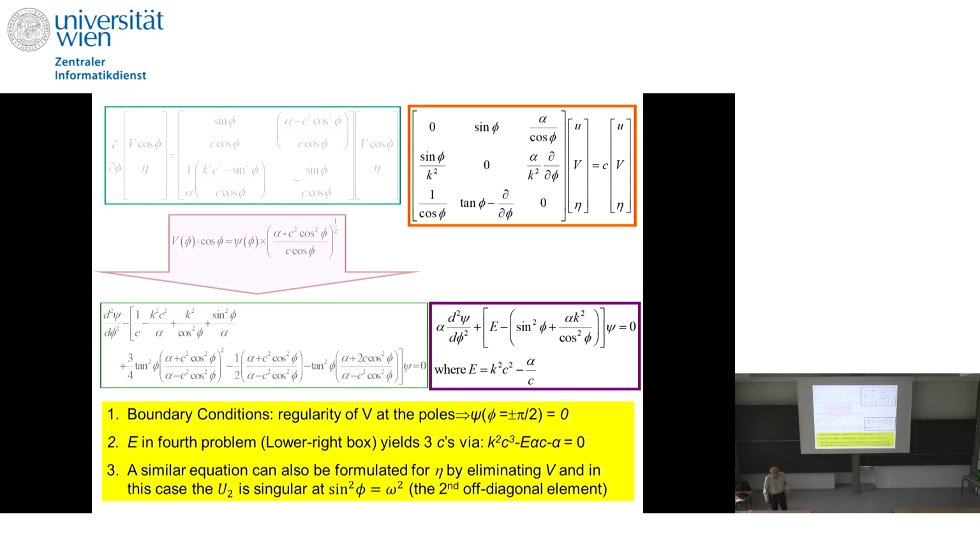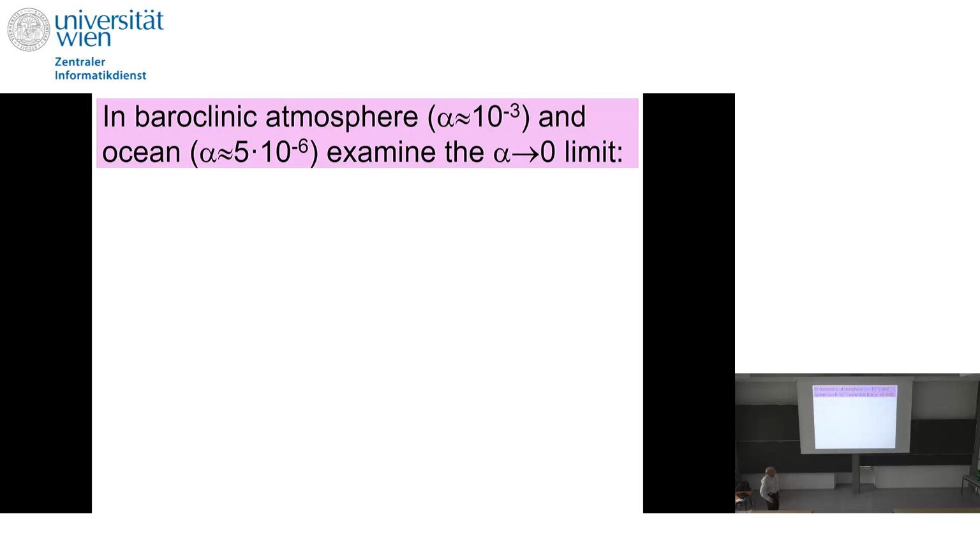And if you do the same thing, and I'll show the result later on, you can eliminate V and get an equation for eta. And notice that the singular latitudes occur when C squared is less than this alpha. In the other equation, it occurs at different latitudes. Singularity of these neglected terms.